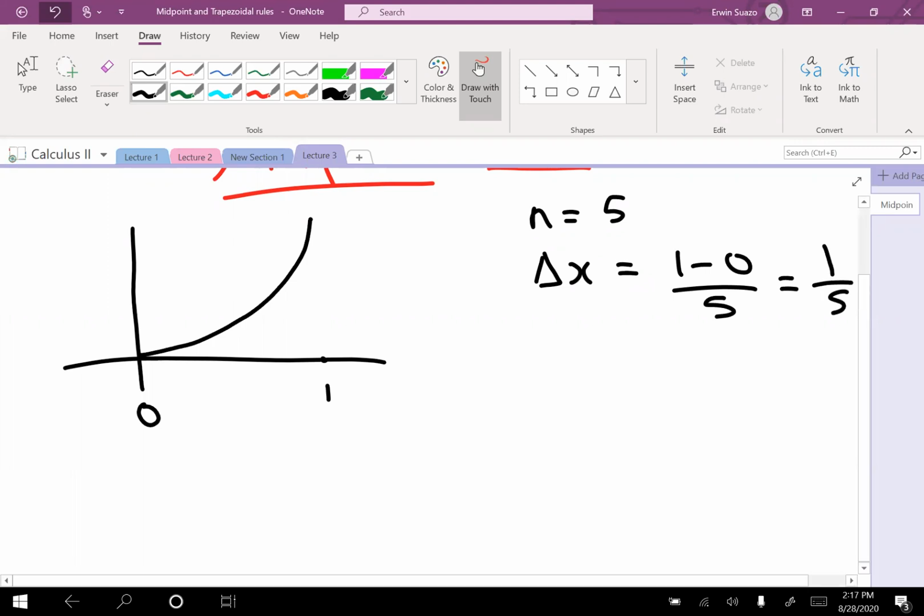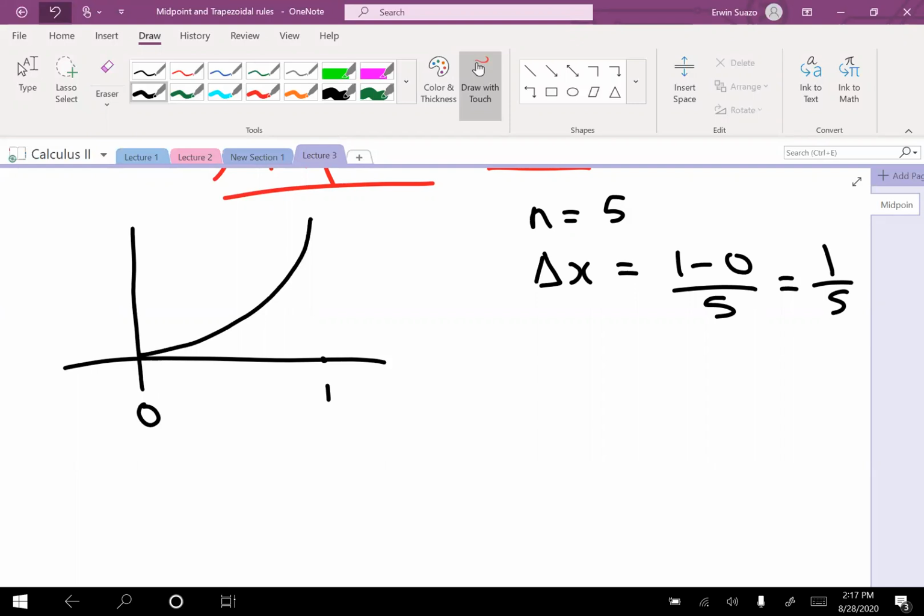Okay. And the midpoint rule is very easy. Since you guys are already familiar with the Riemann sums, I don't need to waste time recovering Riemann sums again. We just did it, so we're gonna continue.